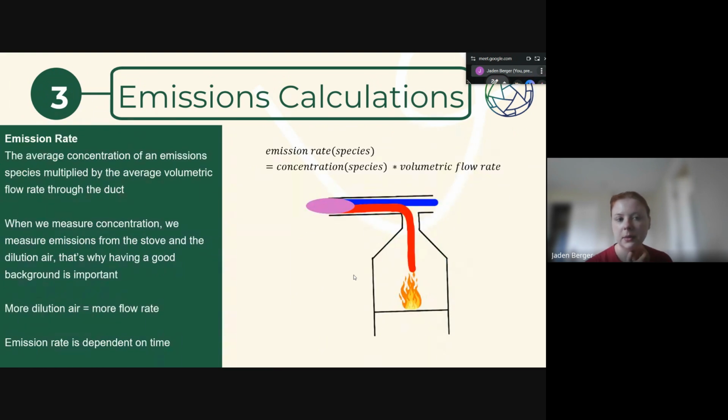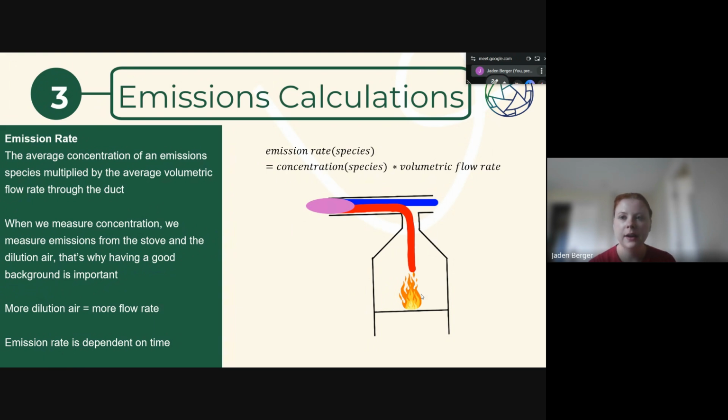So first I'm going to talk about emission rates. Here's my attempted drawing on the side here. Emission rate is going to be the concentration of whatever species we're measuring, so CO2, CO, or PM, times the volumetric flow rate in the duct. So here I've kind of drawn our hood with a fire.